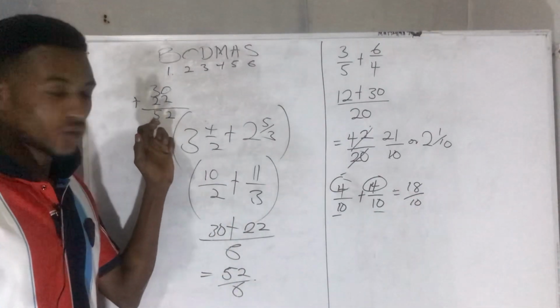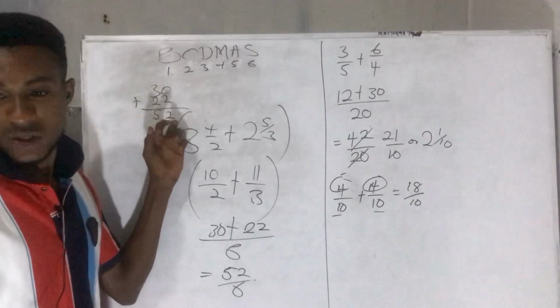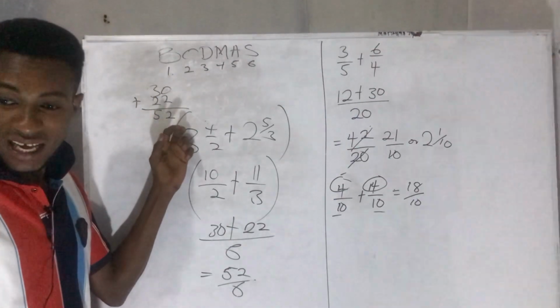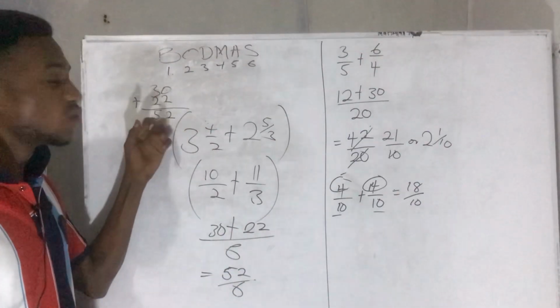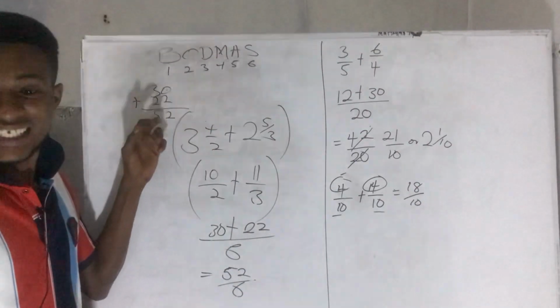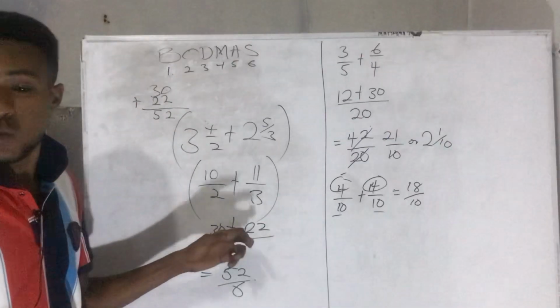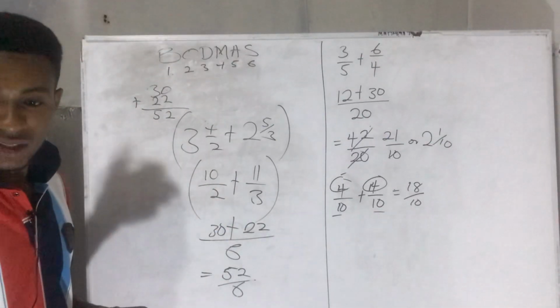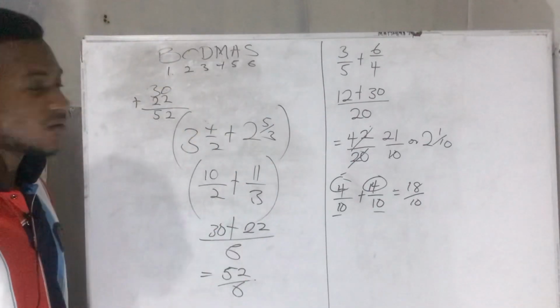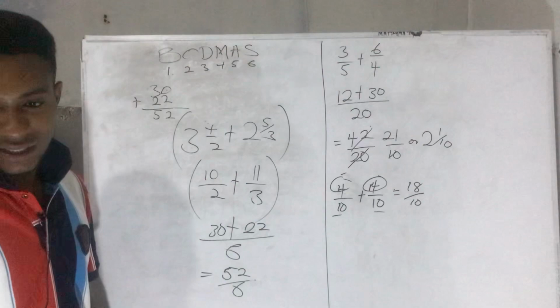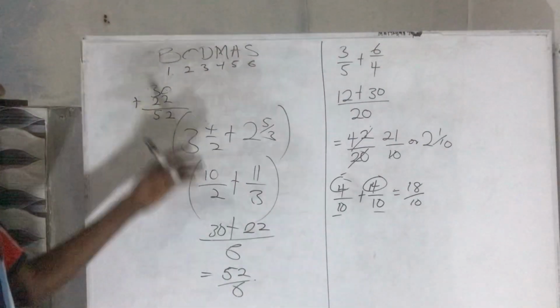You are solving the question for a mark, so go back to this, get your answer, and come and write it. Nobody is going to laugh at you for doing this at that stage, but it is good you master this so that you work very fast. Do you understand? So as time goes on, you will be familiar with all these things and you move. You understand? So we'll be taking the BODMAS.